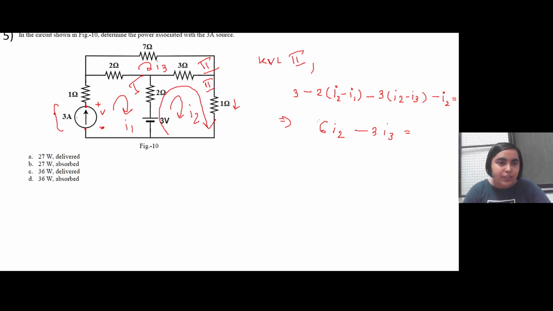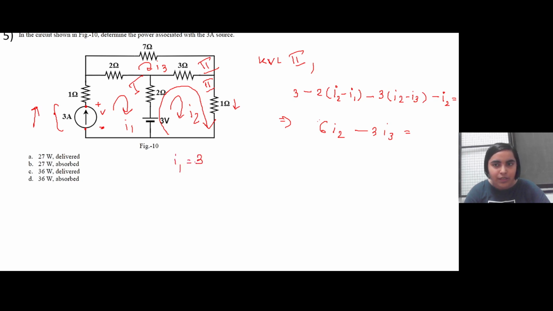Now one thing to note here, that through this current source, I1 current is actually flowing, which is equal to 3 ampere, because it is already given in the question.